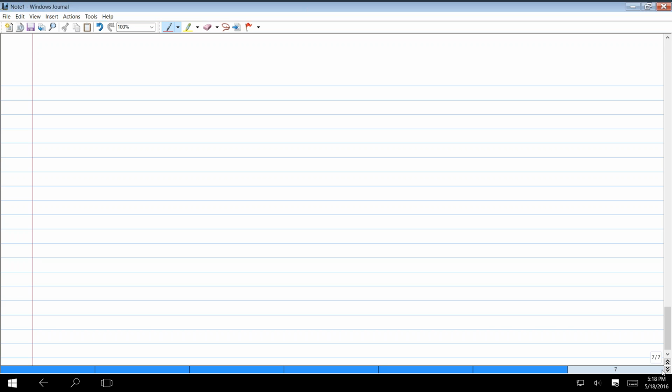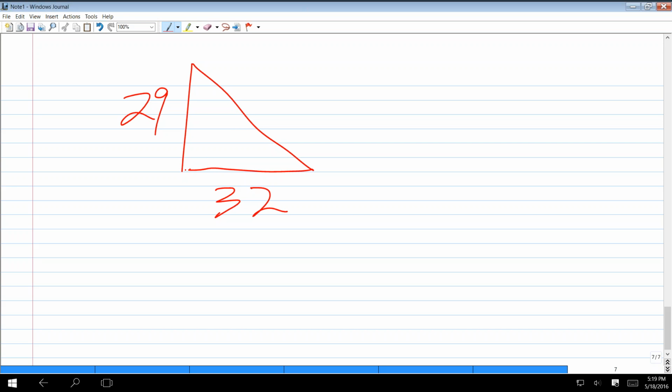But we do have a problem. It's a right triangle with one side 32, one side 29, and the smallest angle is not known, and we have to find it. It is a right triangle? Yeah. Okay. Where's the smallest angle? Is it angle 1 or angle 2? It has to be the one opposite the smallest side. So angle 2 is the smallest of angle 1 and 2.